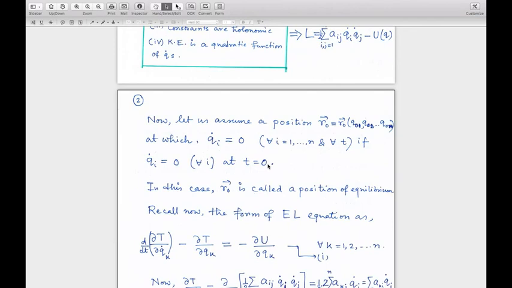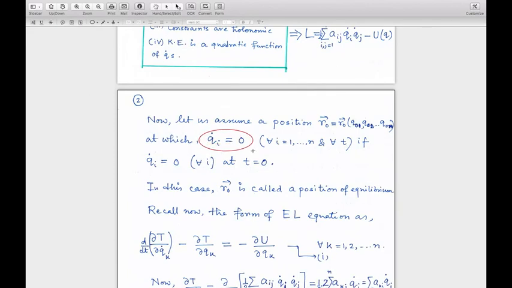So the meaning of this is that now if the system moves, and we find a position in the field of motion of the system such that the position will retain zero generalized velocity. You just remember these things. So this is a generalized velocity, the ith generalized velocity.